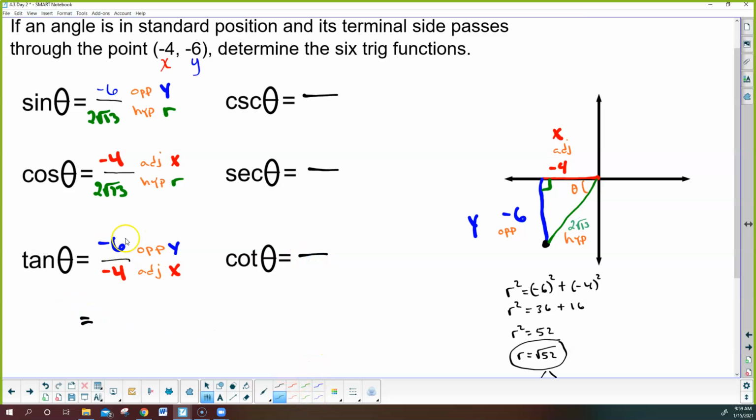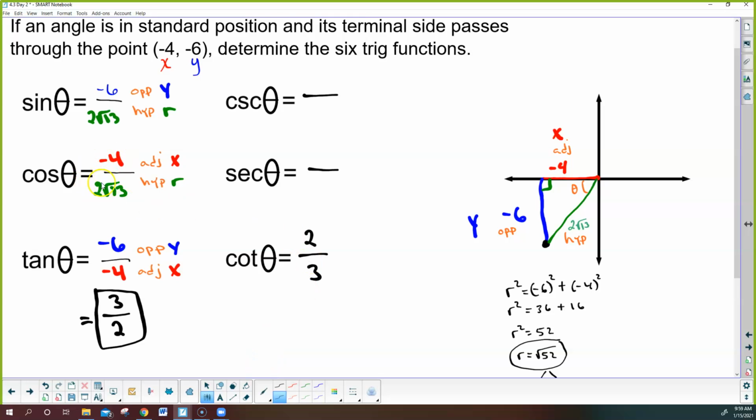Now, this is the only one I would reduce right now. So -6 over -4, well, that's going to reduce out to 3/2. And then since tangent and cotangent are reciprocals, we know cotangent very quickly.